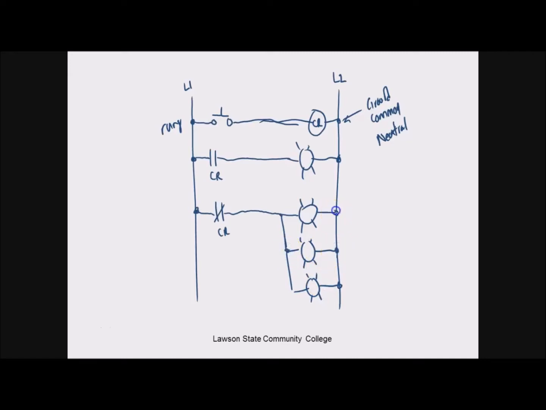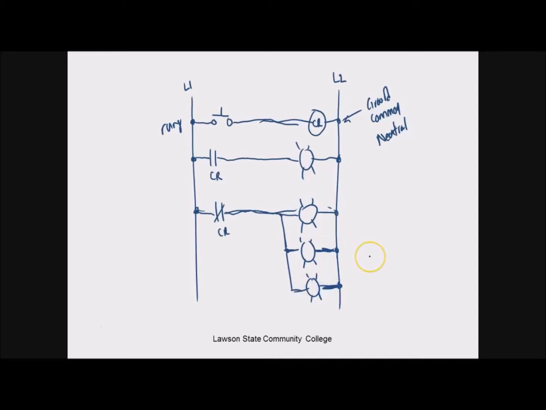So the only circuits we have in controls are single element series circuits. There's no such thing in controls as two loads in a line. This is one line, this is the other line, and this is another line.